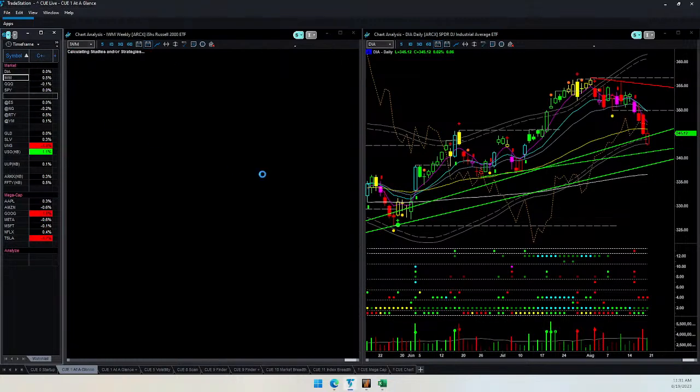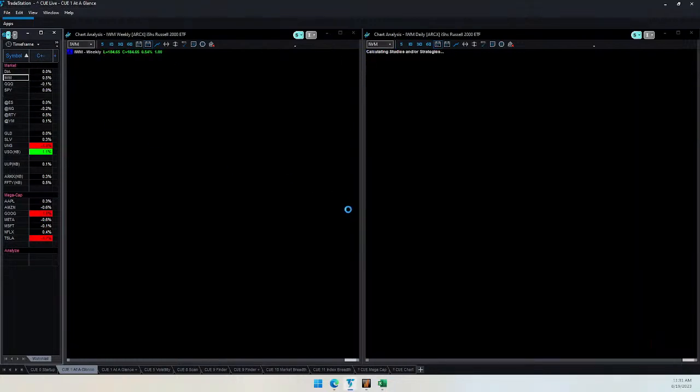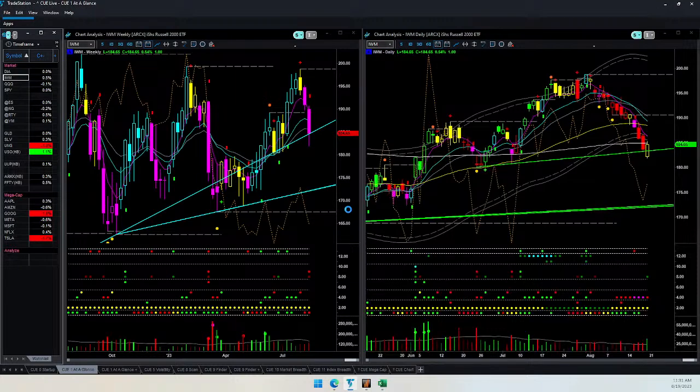And IWM was the best performer. It was the worst performer for many days, but on Friday it turned the best performer. And where did it stop again? Right at the trend line support in both weekly and daily. Those are reasons enough to turn bullish, but not all.